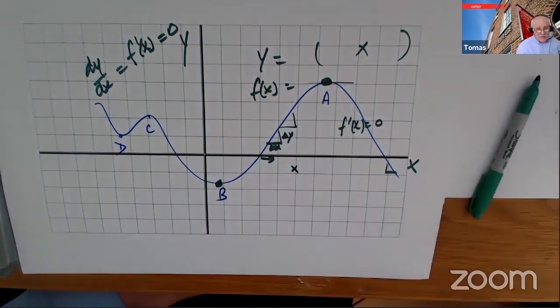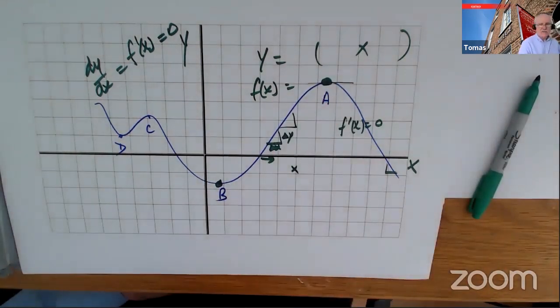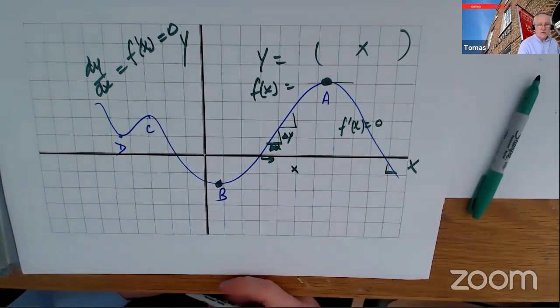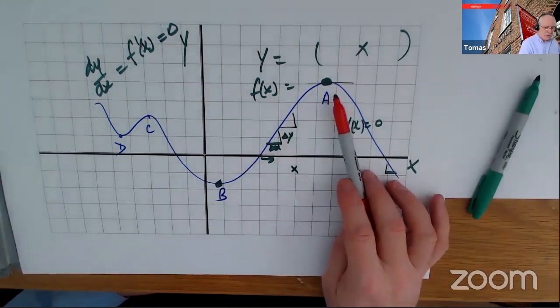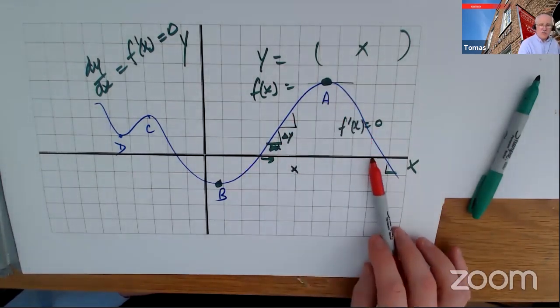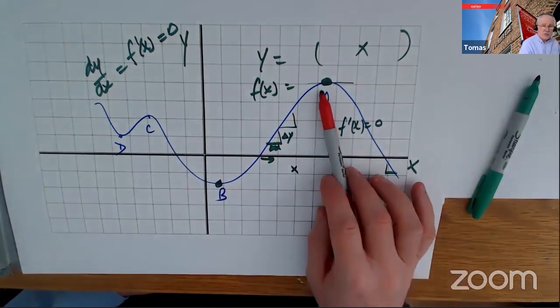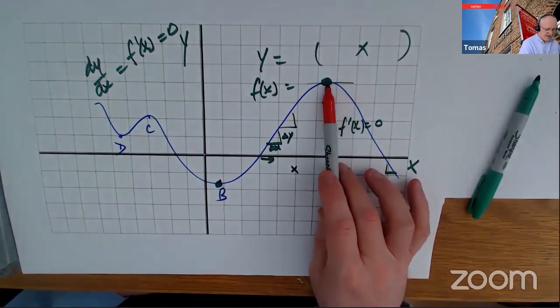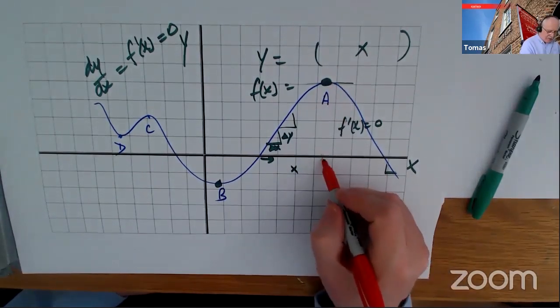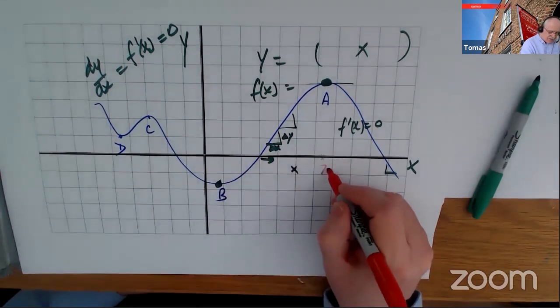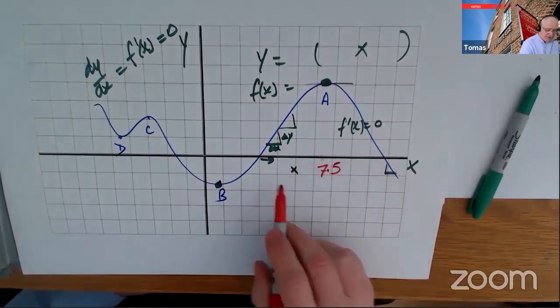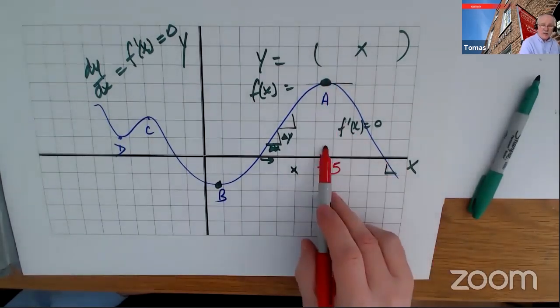Now, somebody else asked, how do you know if it's a max or a min without drawing the graph? And you don't, unfortunately, because if you draw the graph, you can do it. Now, if you didn't want to draw the graph and you said, I don't know whether this point here, let's say that's the point 7.5, is a max or a min.